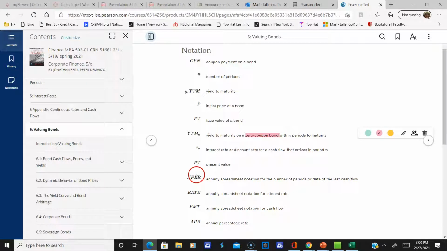And now we have a large number of periods. This is annuity spreadsheet notation for the number of periods, or date of the last cash flow. And again, I think these capital ones are going to be on spreadsheets, as you see, right?